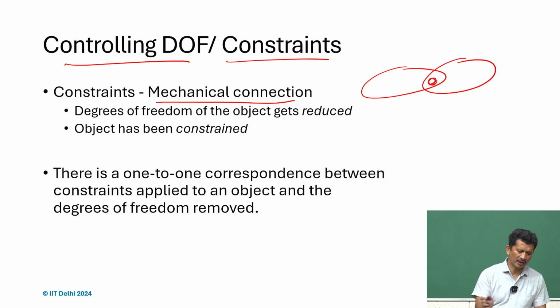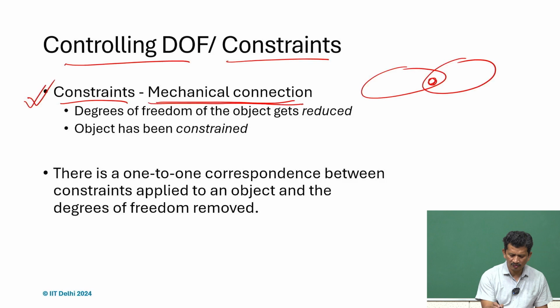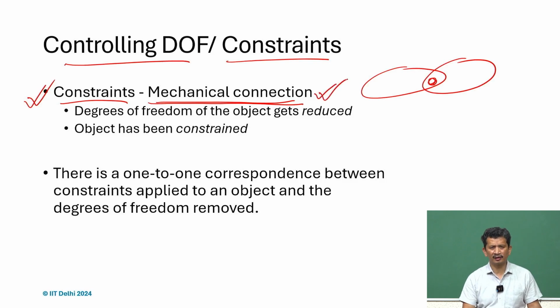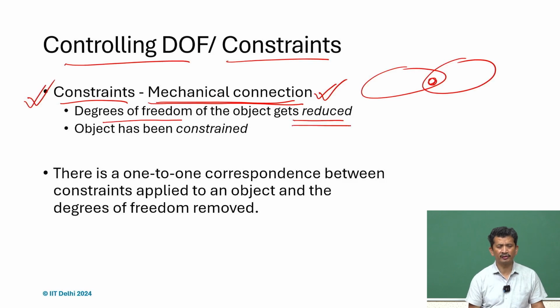So, what we are saying is, if you apply constraints, which is usually done by making different kinds of mechanical connections, the degrees of freedom of the object will get reduced.